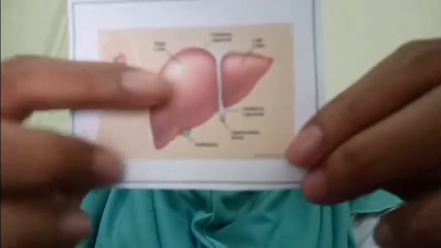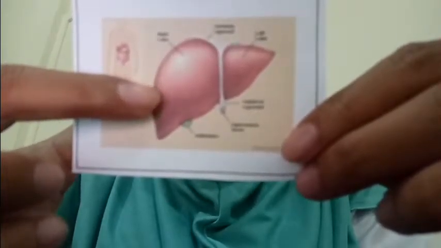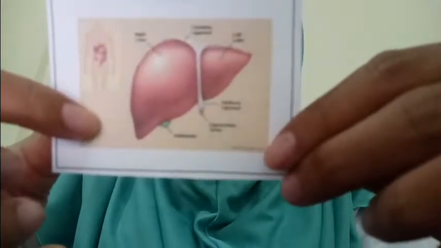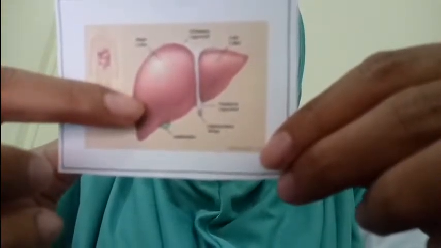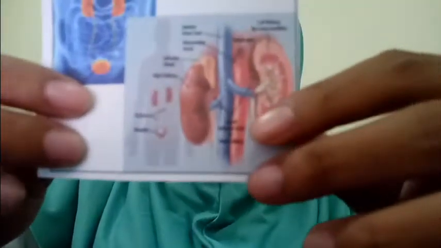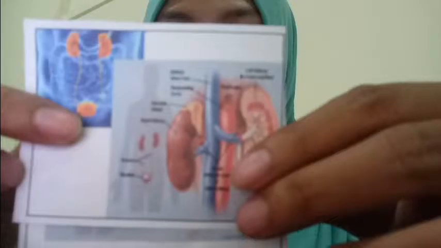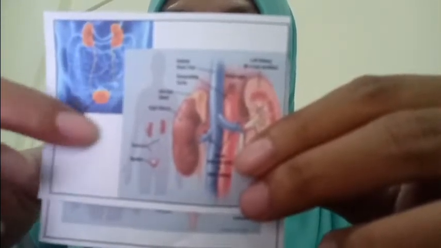Next, the liver. Its job is to detoxify chemicals and metabolize drugs, and the liver also makes proteins important for blood clotting and other functions. Next, the bladder. The bladder is a round bag that stores urine.